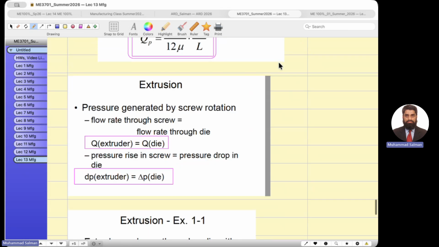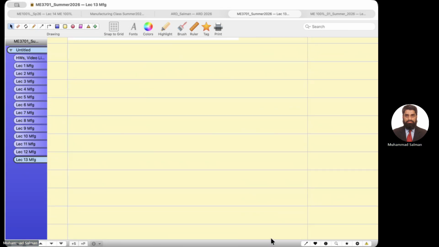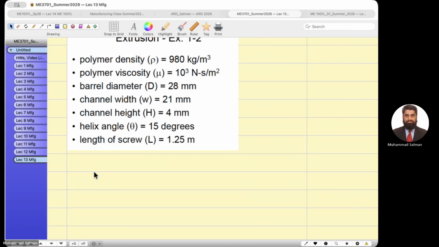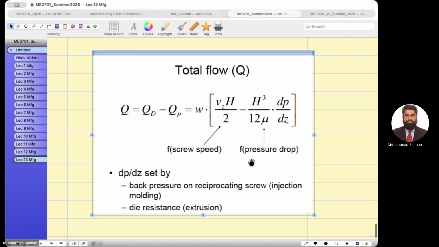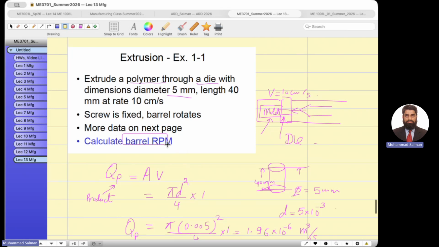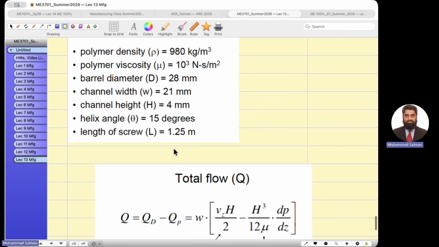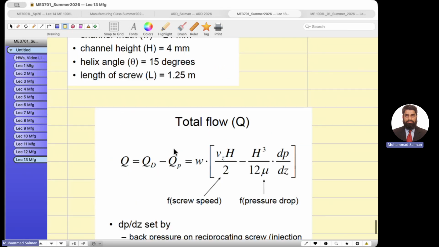So if I write down the formula here, you are asked to find out the barrel velocity. This is our question, barrel RPM. RPM is nothing but velocity times 60 over 2 pi.